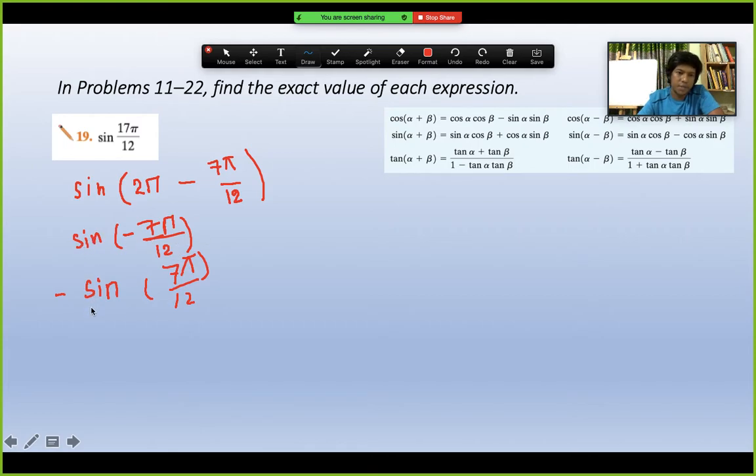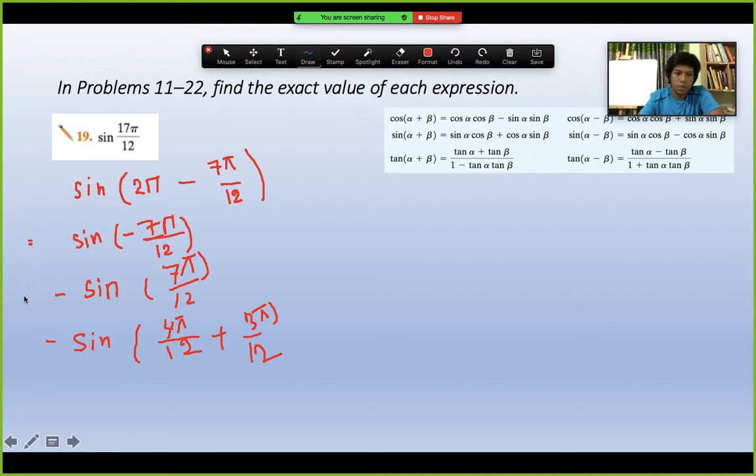So now we have our form in an easily solvable situation. Sine of 4 pi divided by 12 plus 3 pi divided by 12. This is somewhat like our previous math.